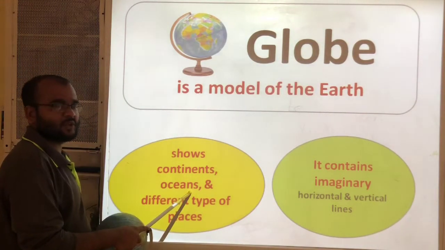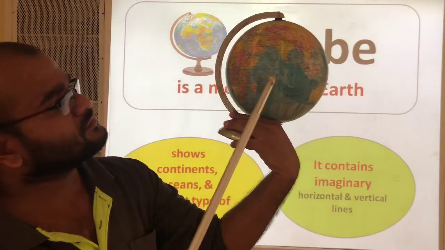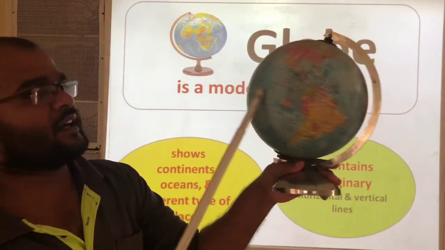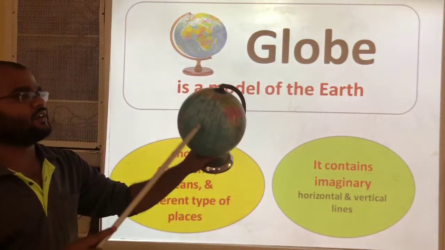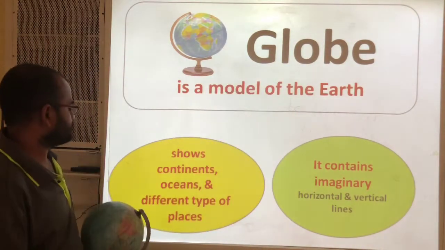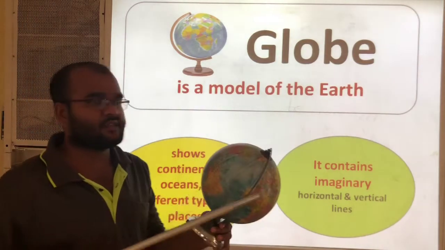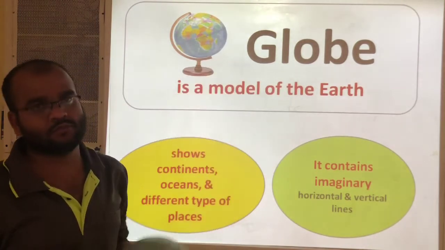Oceans: see here, Atlantic Ocean, Indian Ocean, and Pacific Ocean. All these oceans we can also see on this globe, and different types of places, mountains, rivers, everything we can find on this globe.